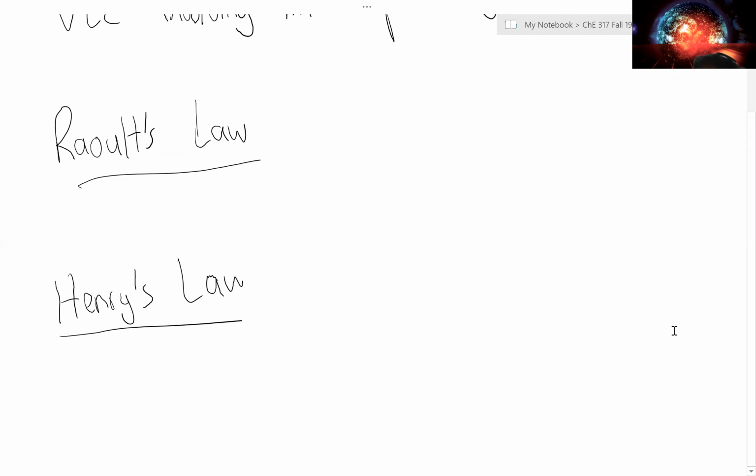These expressions were similar, but we applied them to different systems depending on the nature of the mixture under investigation.